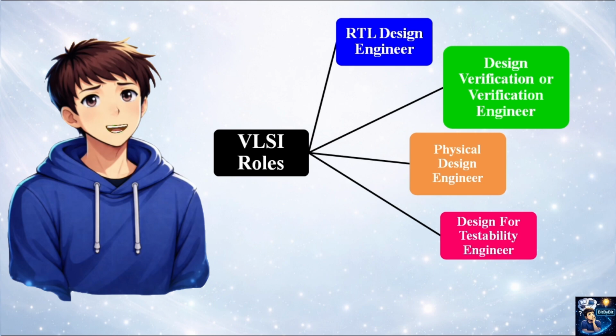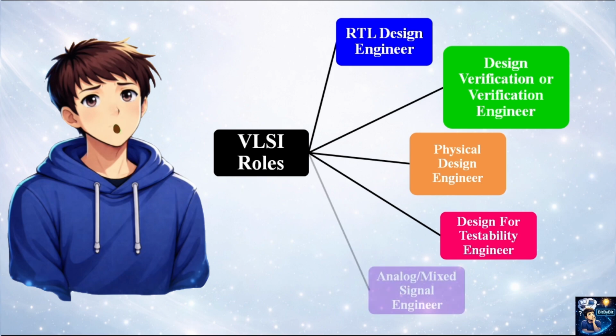Once chips are manufactured, they must be tested at scale. DFT ensures that internal logic can be tested efficiently. Without DFT, mass production of chips would not be practical. Fifth subdomain is analog mixed signal. Analog and mixed signal circuits connect digital logic to real-world signals like voltage, current, and time.